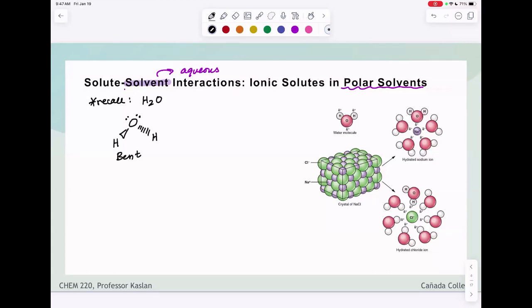And if we were to identify each of these bonds that exist between hydrogen and oxygen, both of these would certainly be polar covalent bonds.